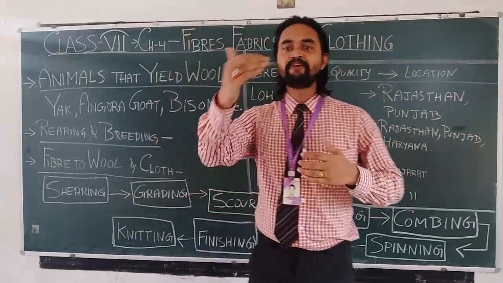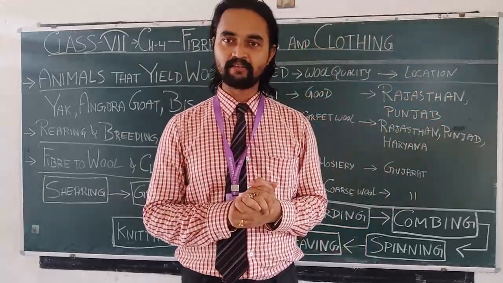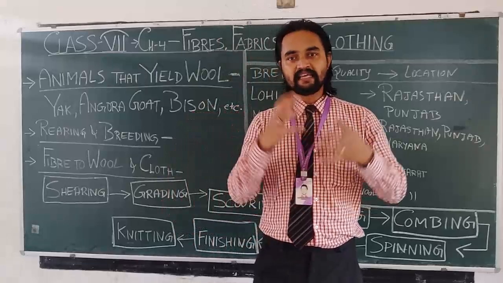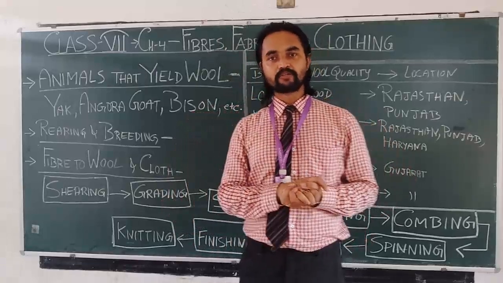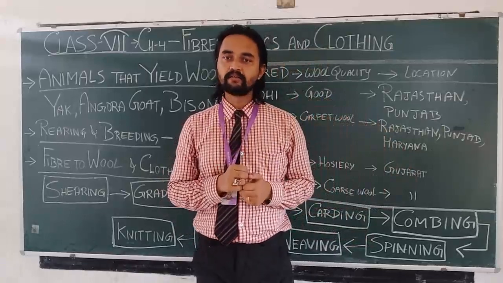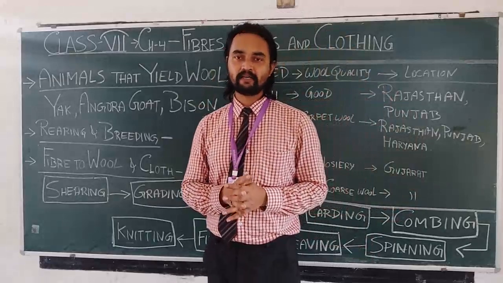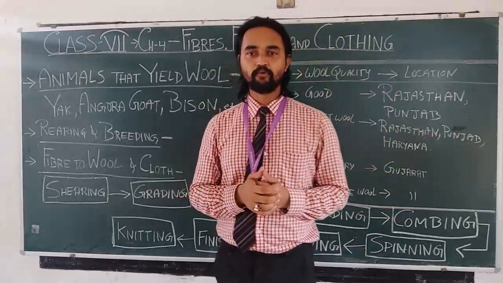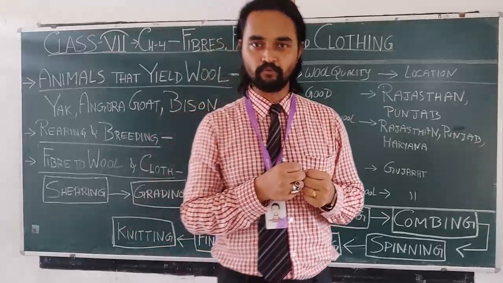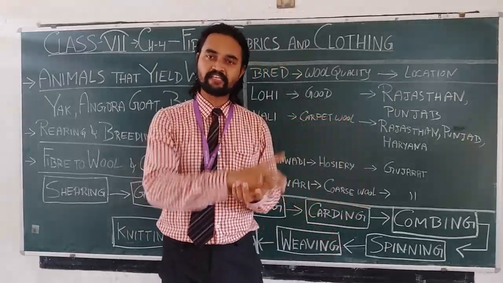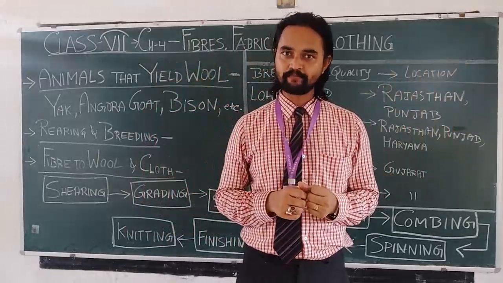That means every day some new people are coming to this earth, and they require woolen garments and winter garments. So they also need wool, and to fulfill their need, we collect more and more wool from the animals, and for this purpose we require more animals.